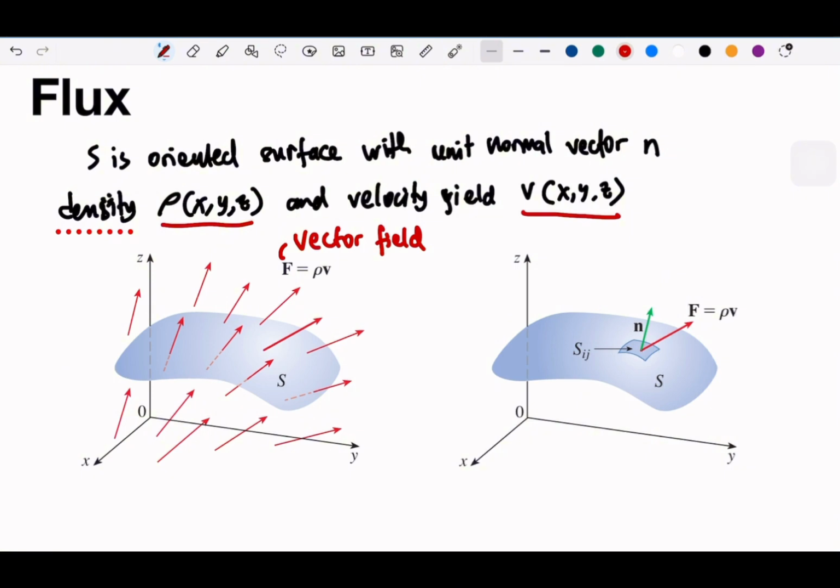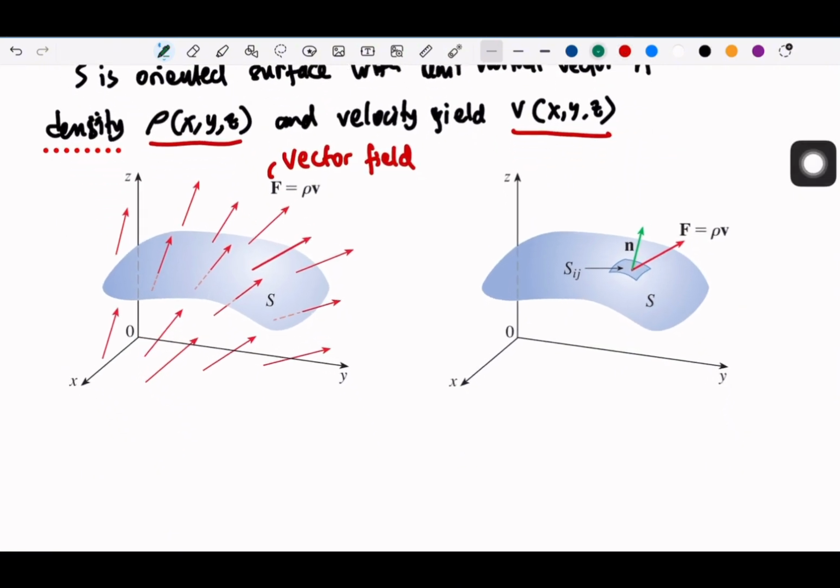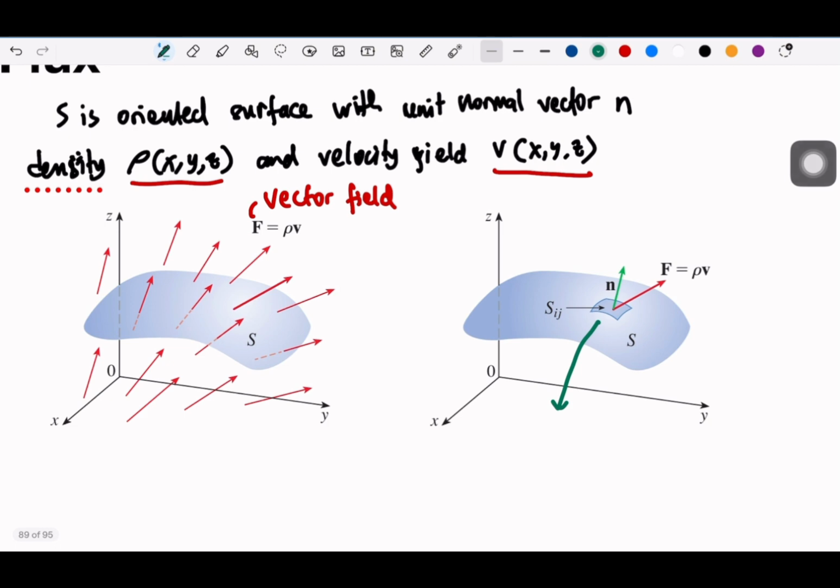And then if we slice the surface into these pieces Sij with the n, each has a particular vector field. We can also approximate that each Sij is nearly planar. Again, this is an approximation because we slice the surface very, very small.